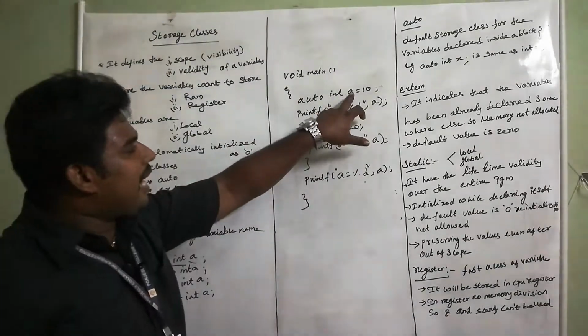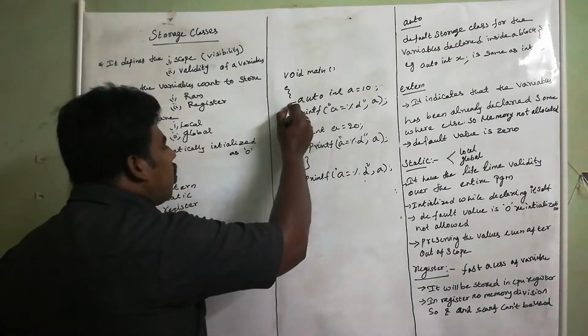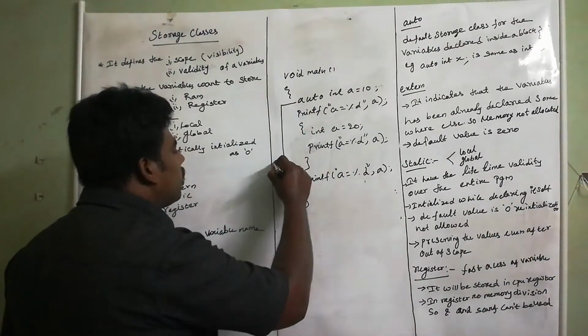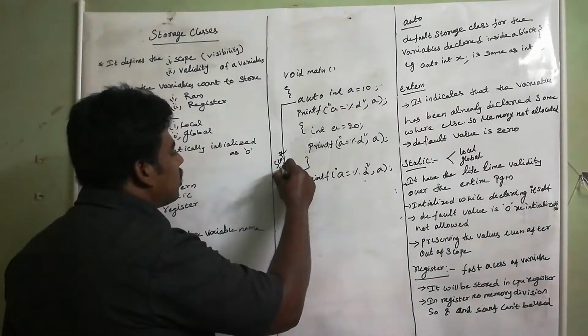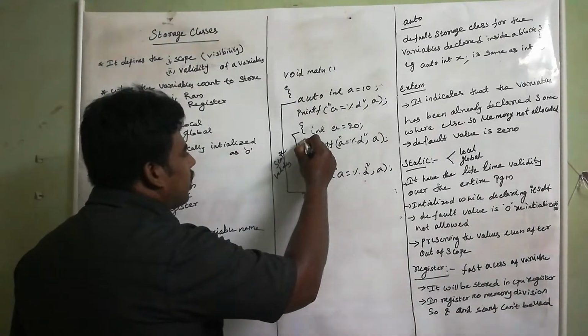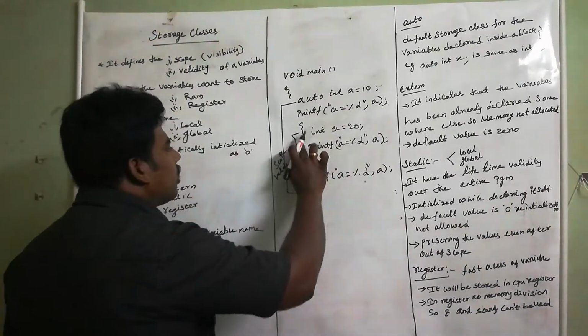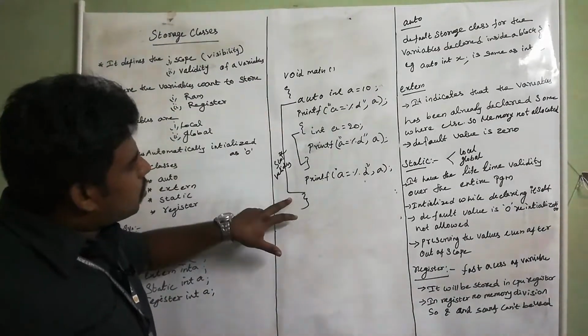For this a, your scope starts from here to here. The scope and validity exist from this curly brace to this curly brace.